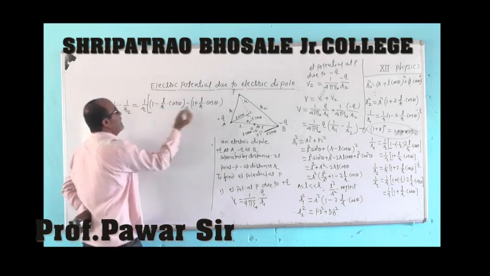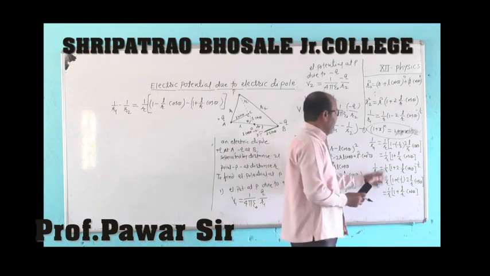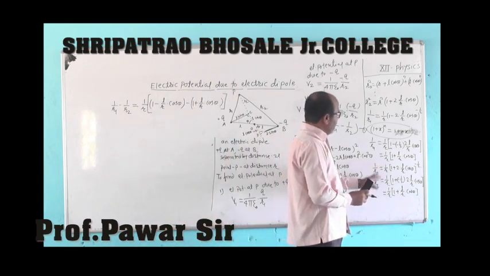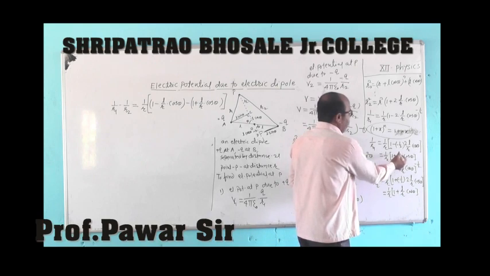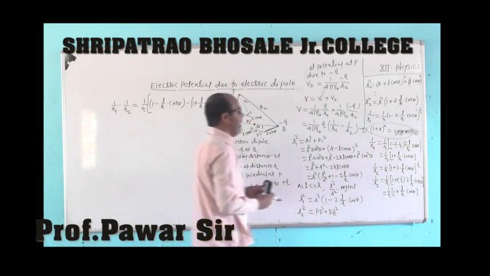If this 1 divided by R is common, so we can write 1 plus L divided by R cos theta minus 1 plus L divided by R into cos theta.